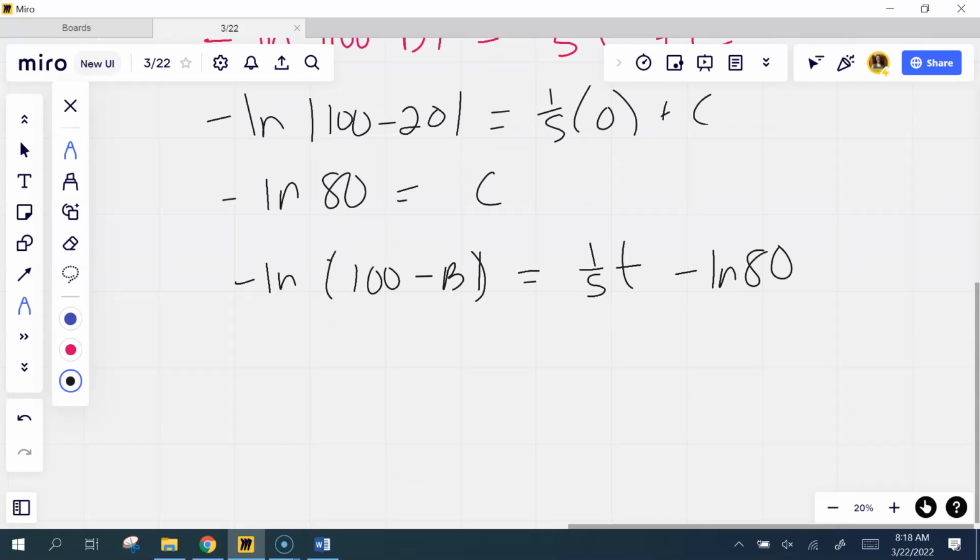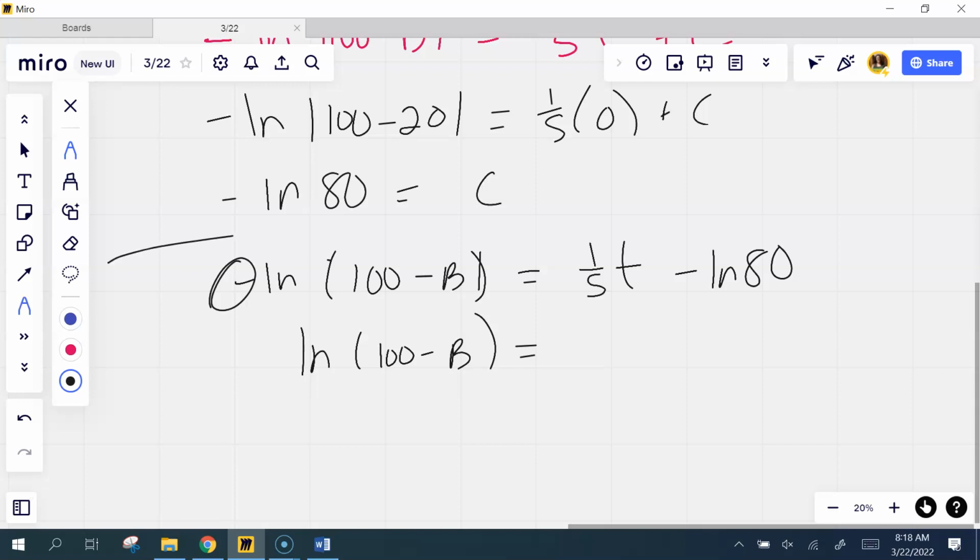Now I'm going to divide by -1 first, because of this negative, I'm going to get rid of that first. I'm trying to solve it for b, because that's the goal. This is the 5th point here, so this is the last point.